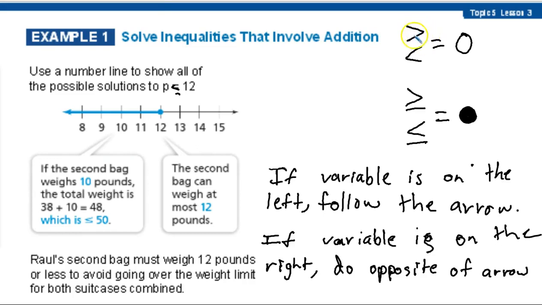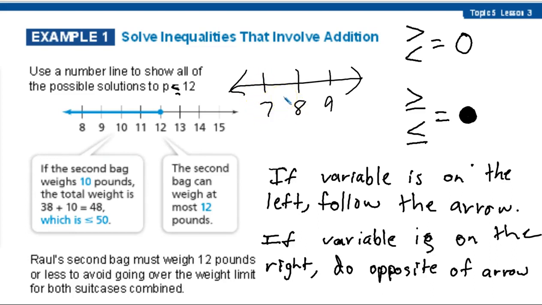So our greater than and our less than signs are going to equal an open dot. Okay? So let me show you what that means. So we have a number line right here, and we'll say 7, 8, 9.